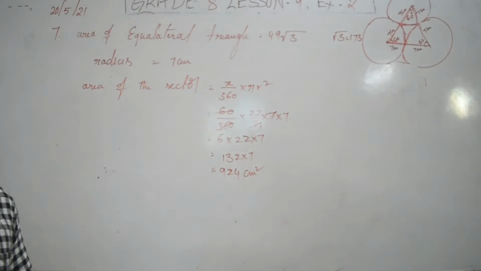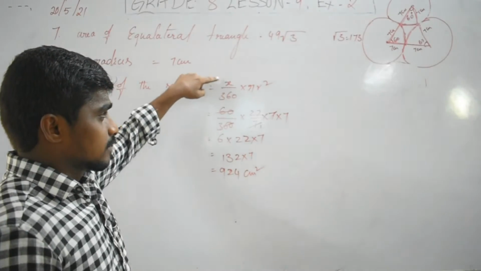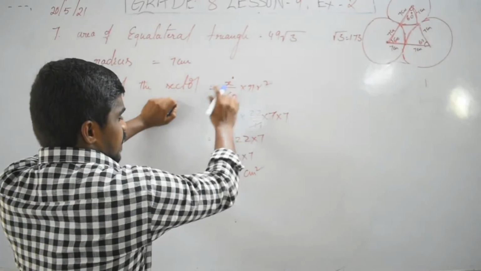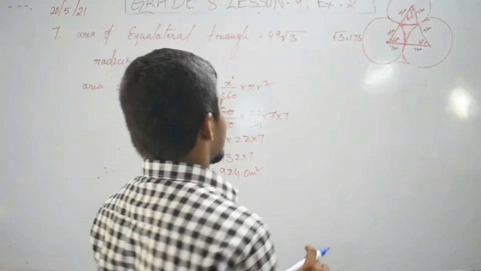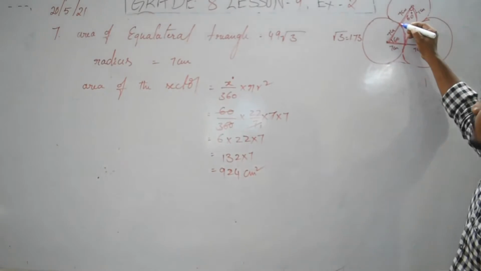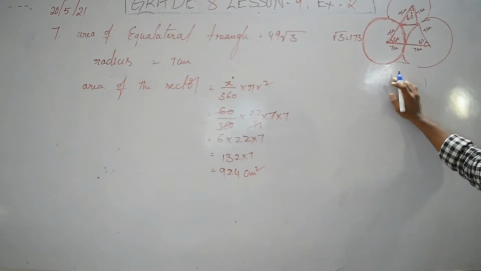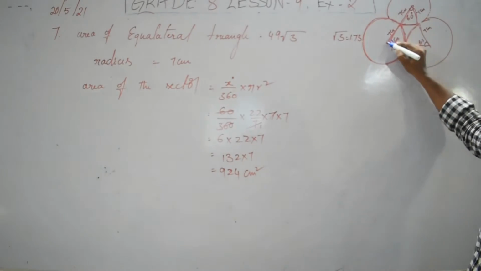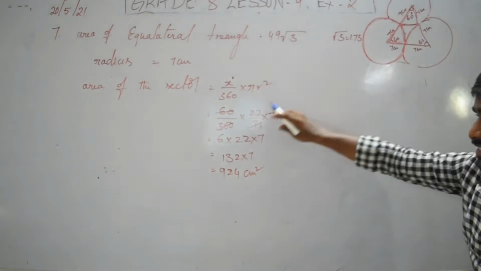So area of the sector is x by 360. Why x by 360? Actually here, see, the total circle is how many degrees? 360. So here, this sector is x, and here 60 is given.